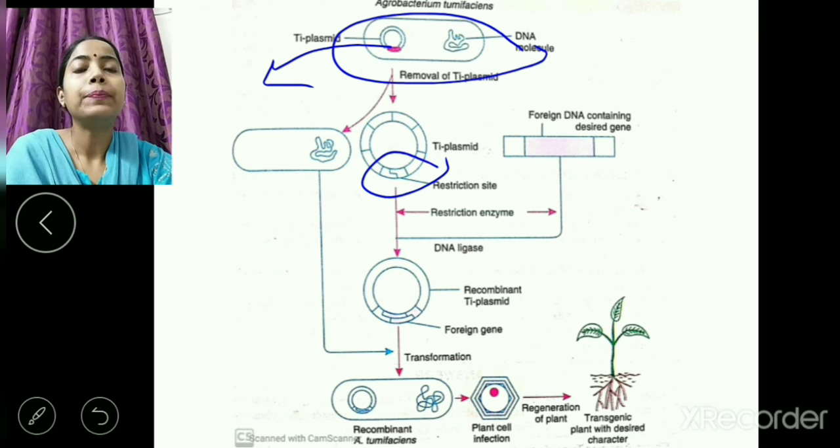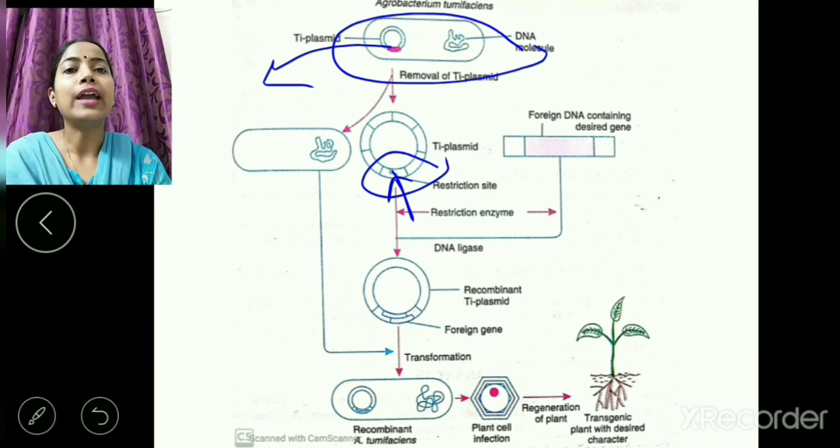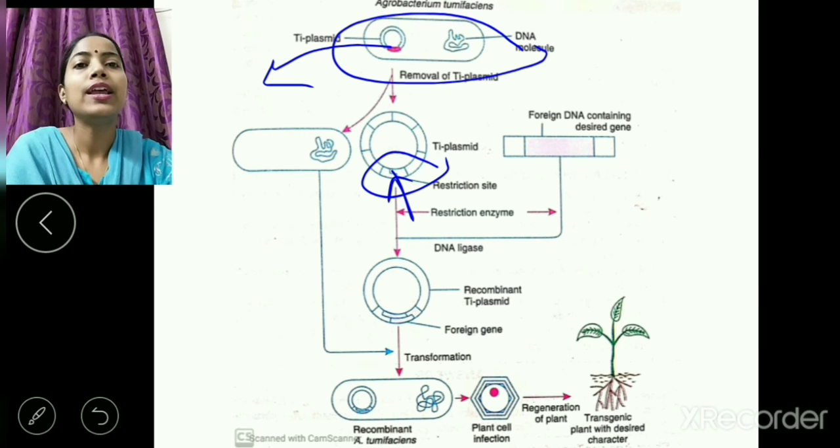So by looking into this property, we have inserted our foreign gene along with the selectable marker into the tDNA region, so that its natural property to transfer its own DNA into the plant cell can be exploited to transfer a foreign gene along with a selectable marker into the plant cell.